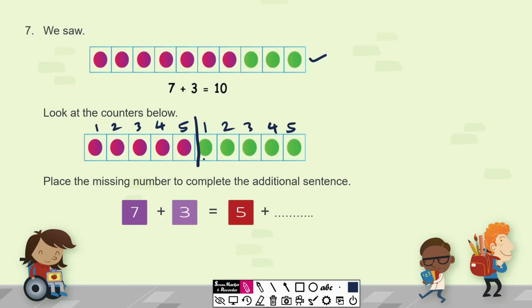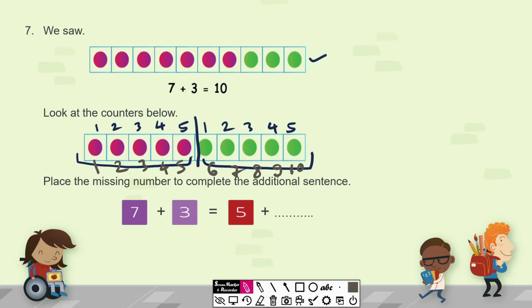So, this 5 plus this 5 is equal to what? Tell me. Let's count them. 1, 2, 3, 4, 5, 6, 7, 8, 9 and 10.